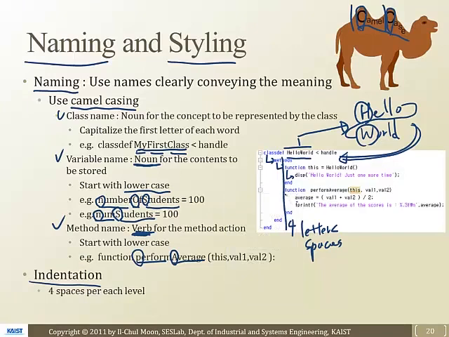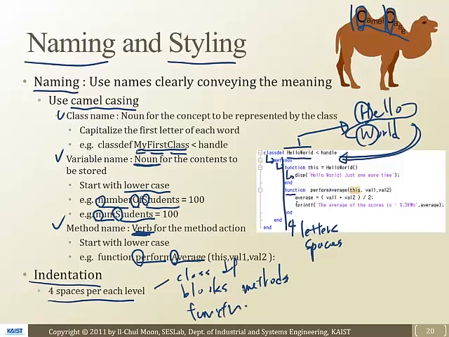It means the first func indicates the blank. So this is four spaces per each level, and each level means every class definition and blocks such as methods and functions. These are all important levels to distinguish, so we use indentation.